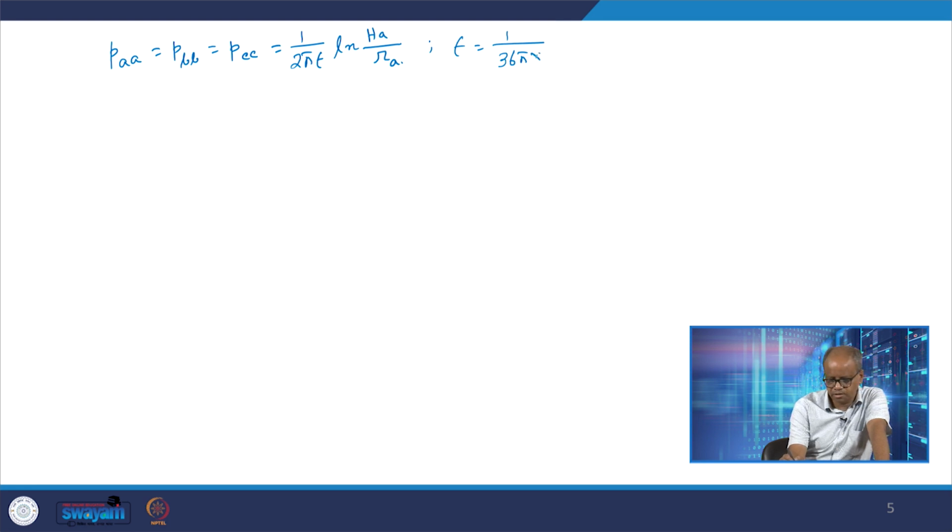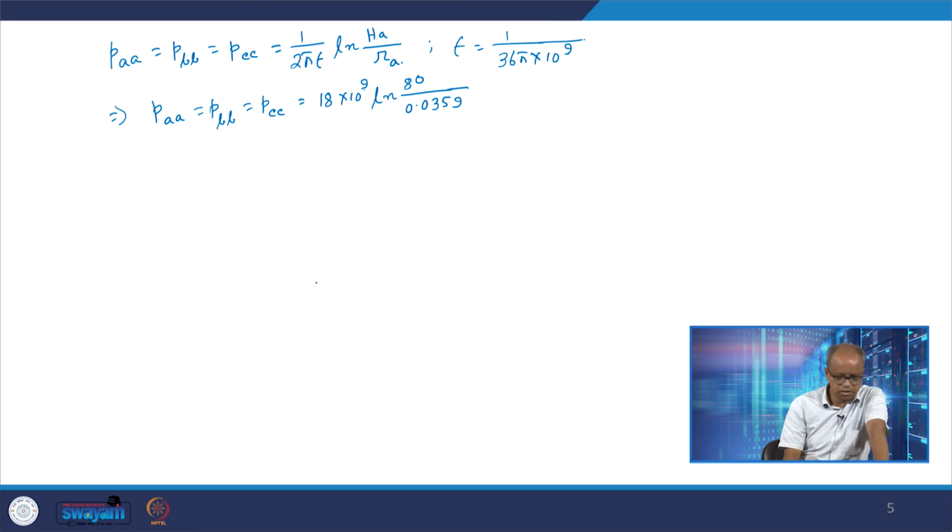So from here I can write that PAA is equal to PBB is equal to PCC is equal to 18 into 10 to the power 9 into log 80 by 0.0359, and its dimension would be farad inverse per meter.